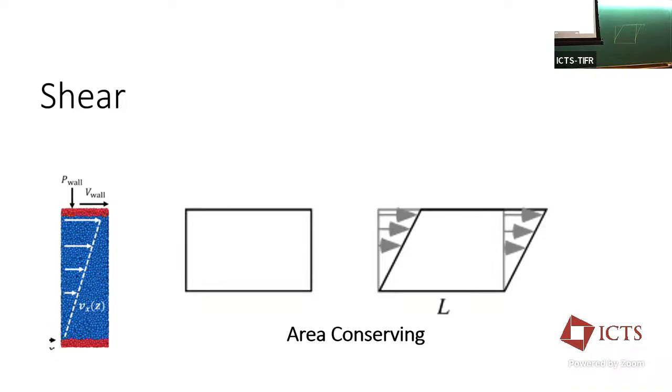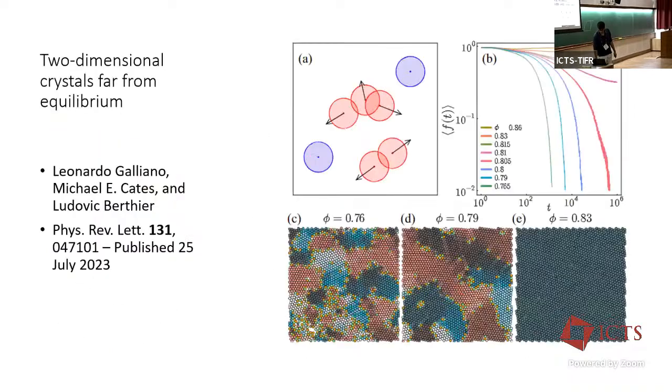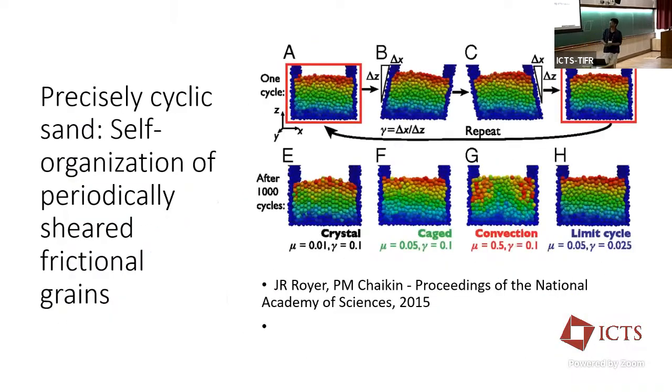It doesn't work out because your top plates tend to lose contact with your particles. So we went back to this geometry which was up here. This is not an area conserving geometry, because as you're moving it across, the area is not conserved in this particular geometry. So what you do is you put in particles up here and just shear the top wall. And so there has to be some space which is open on the top.